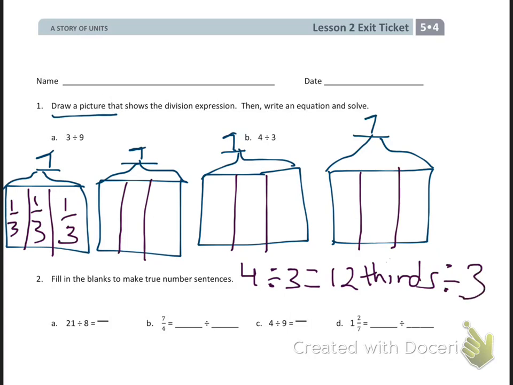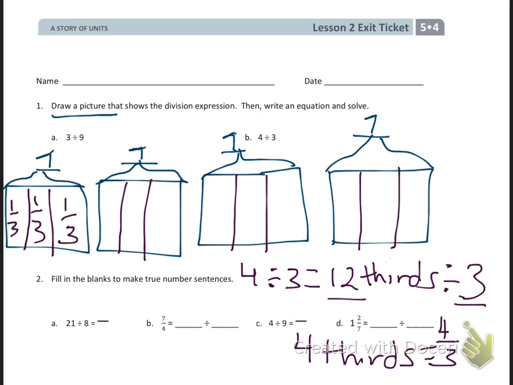And so if I divide 12 thirds by 3, or 12 divided by 3, I'm left with 4 thirds. And if we think about 4 thirds, how would we write that? Well, 4 thirds is 4 over 3 in fraction form, 4 thirds.